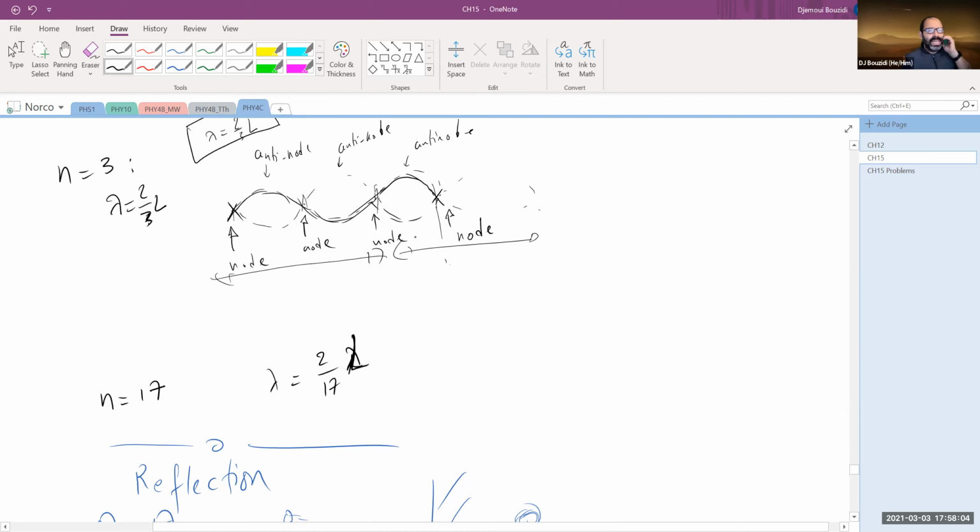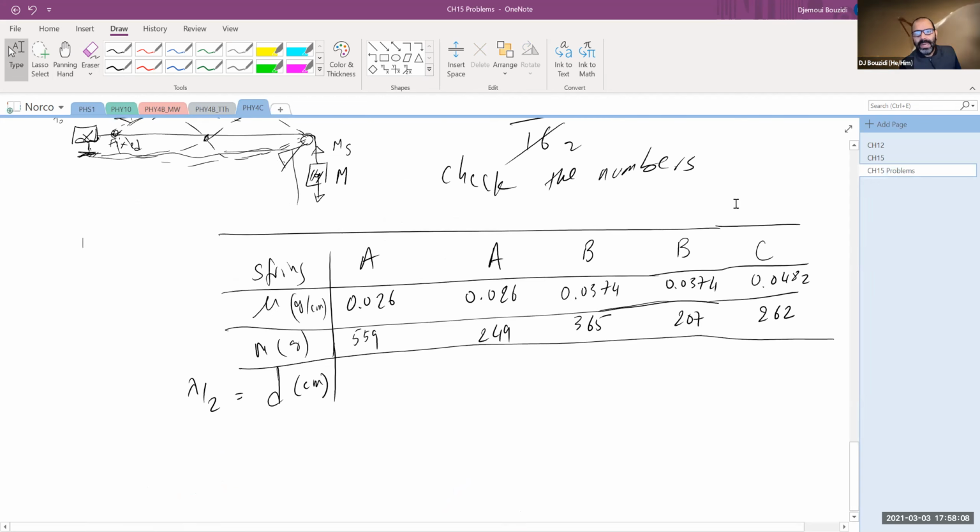So these measurements of D in this problem do not tell me exactly which mode I'm in, but they tell me half a wavelength. Whether I am in the fundamental or the second or the first, it doesn't matter which. The distance between node and node is always half a wavelength. So they gave us basically the wavelength, because if I know half a wavelength, I know exactly what lambda is.